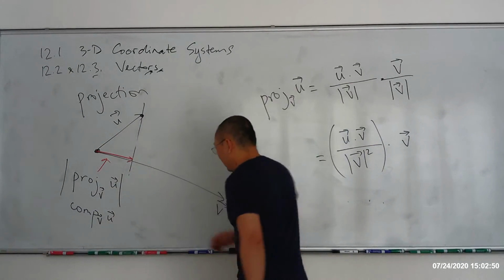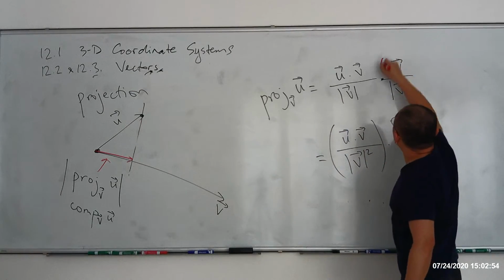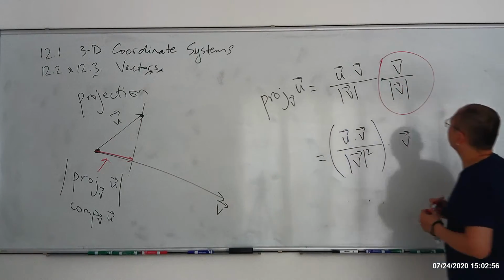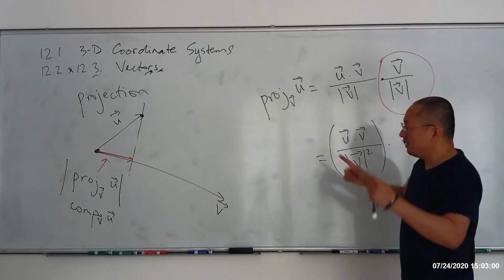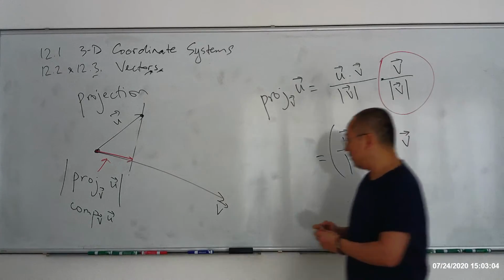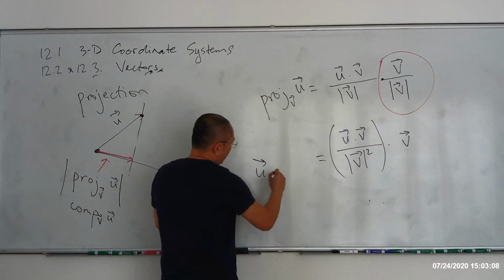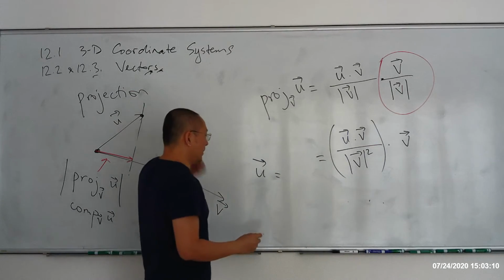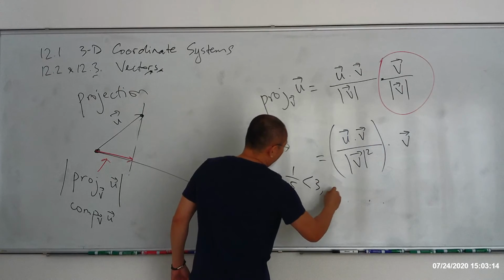I can explain to you guys more about this. The unit vector is a vector that has magnitude equal to 1, length equal to 1. Say I got a vector u of, how about this, 1/5 of (3, 4).